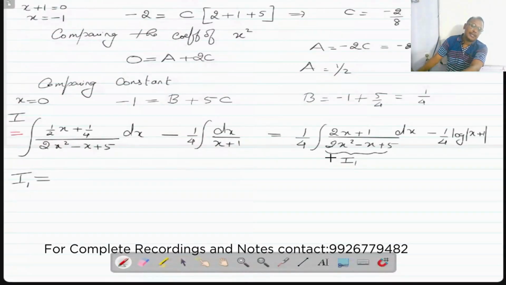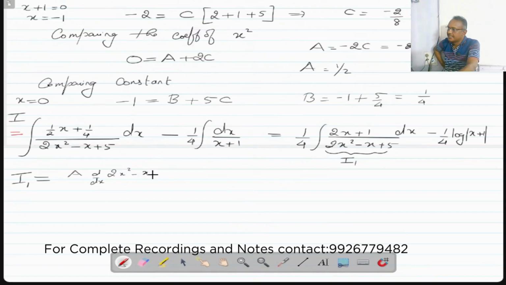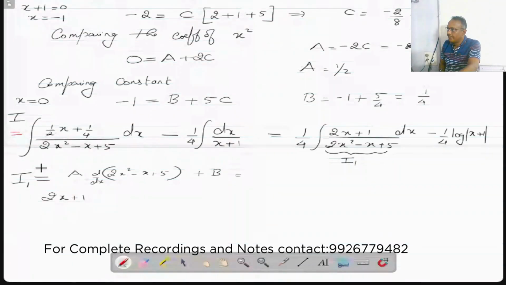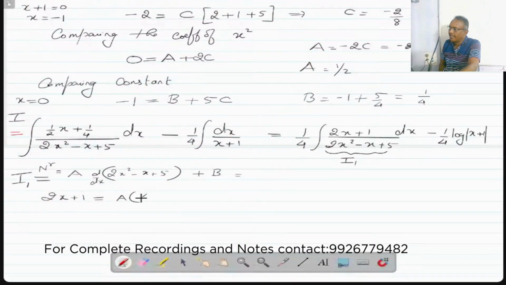हाँ क्या करते हैं I1 करने के लिए linear is equal to a times of denominator, तो a times of d by dx of denominator, that is 2x square minus x plus 5 plus b, यानी is 2x plus 1 in numerator equal to a times of 4x minus 1 plus b.